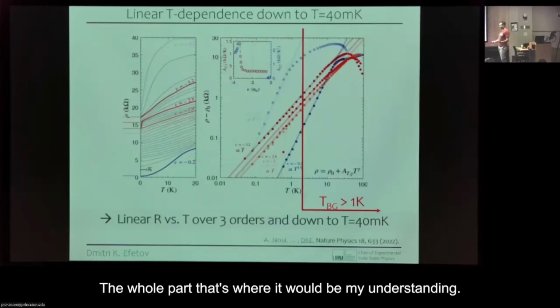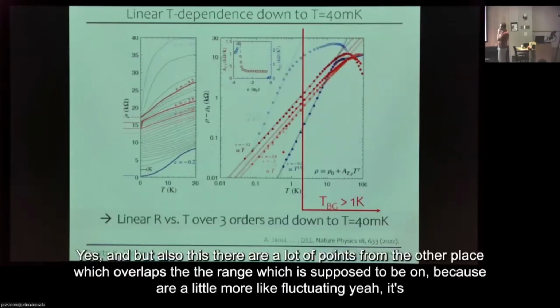But also, it's a little bit difficult to see, but if that line is a lighter ray, right? Because there are a lot of points from the other, darker rays, which overlap the lighter rays. So I'm saying that in the range which is supposed to be the strange metal, data are a little more fluctuating.